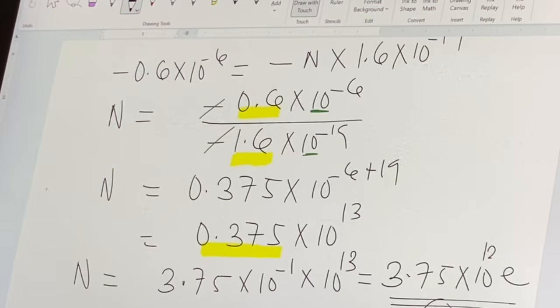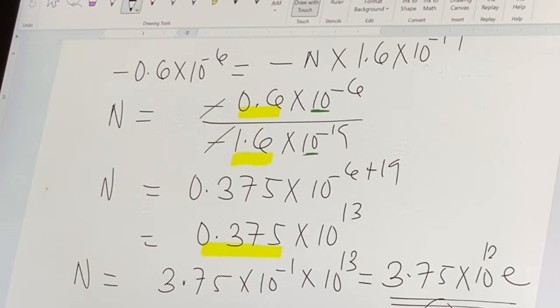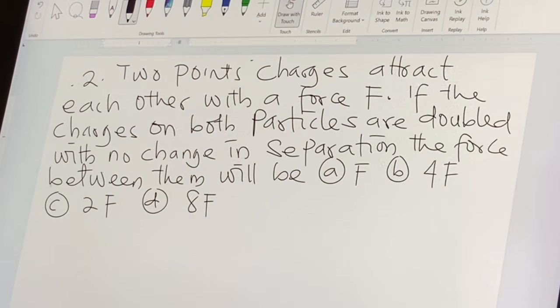Okay, so let's solve the next question here. That is question 2 under repeated questions in Physics 112. Question 2 said, two point charges attract each other with a force F. Full stop here.